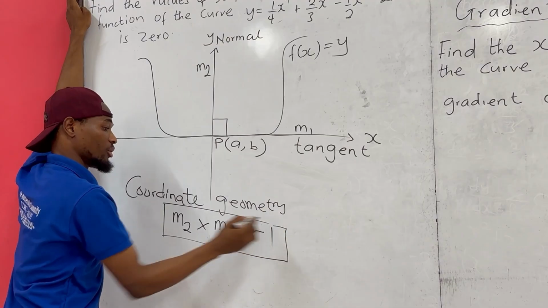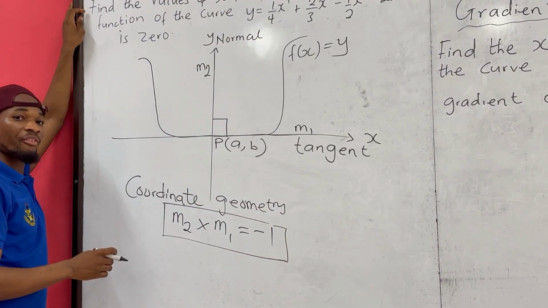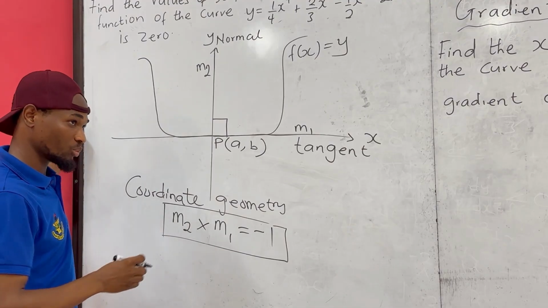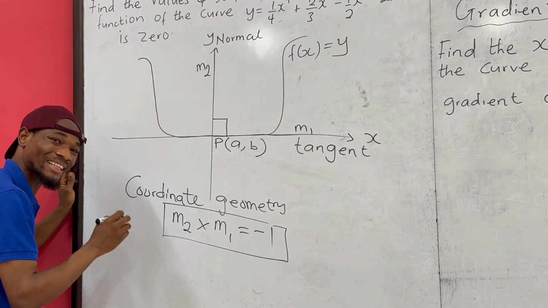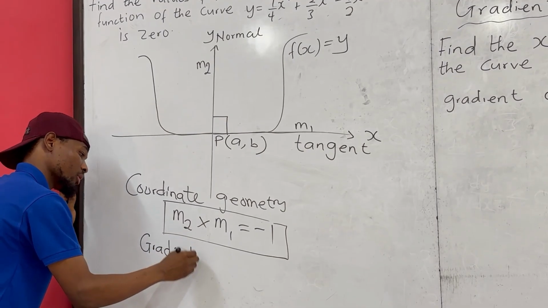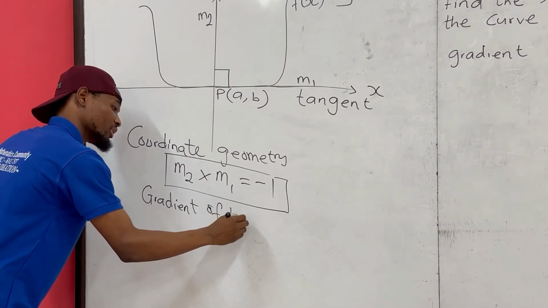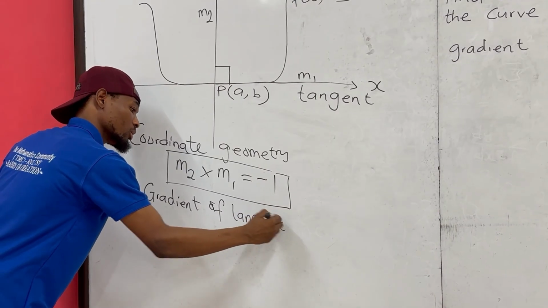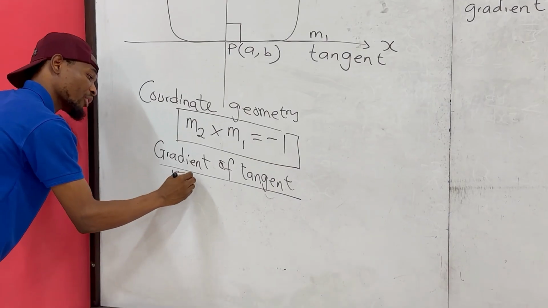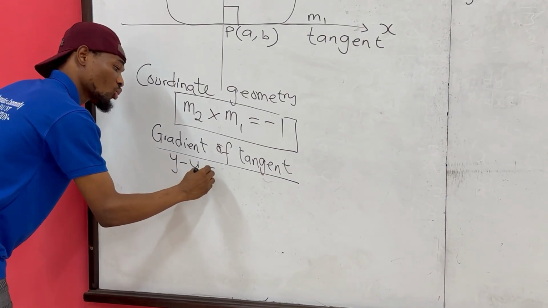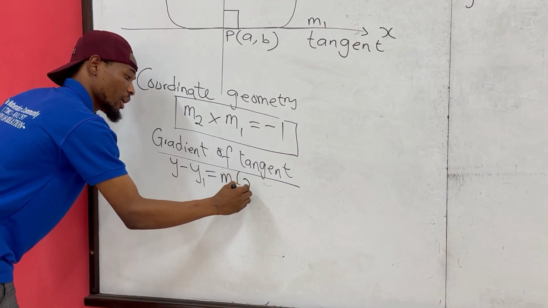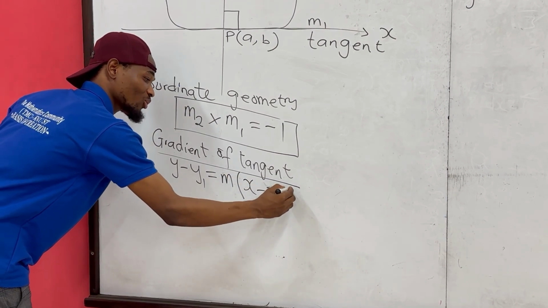So the formula for finding the gradient of the tangent is given by y minus y1 equals my gradient m times x minus x1.